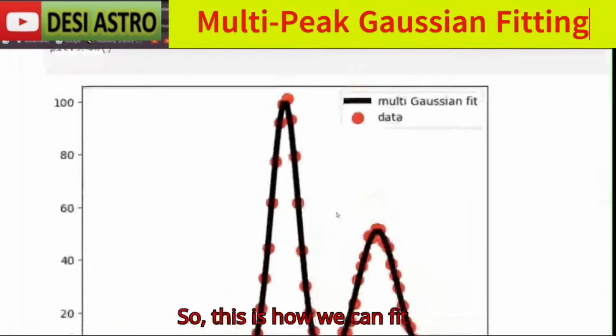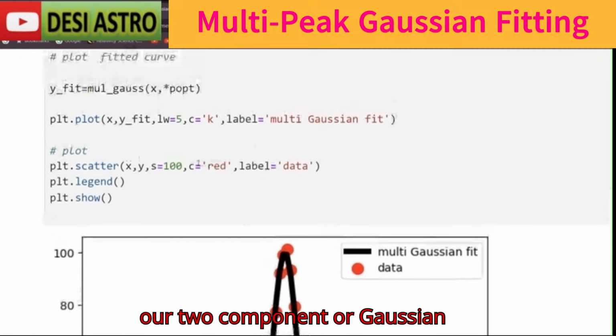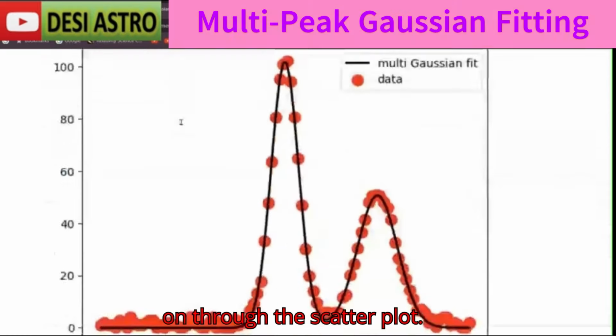Okay, so this is how we can fit a two component Gaussian on a scatter plot.